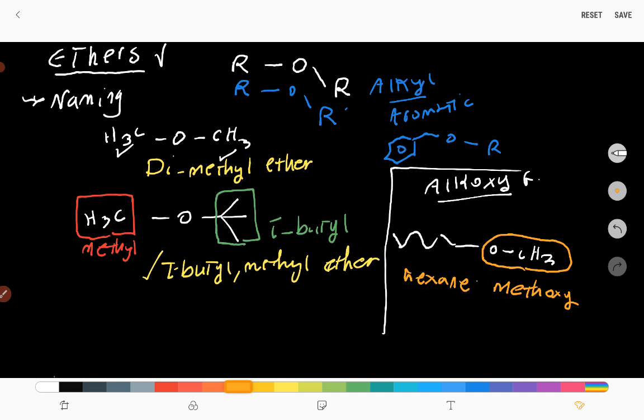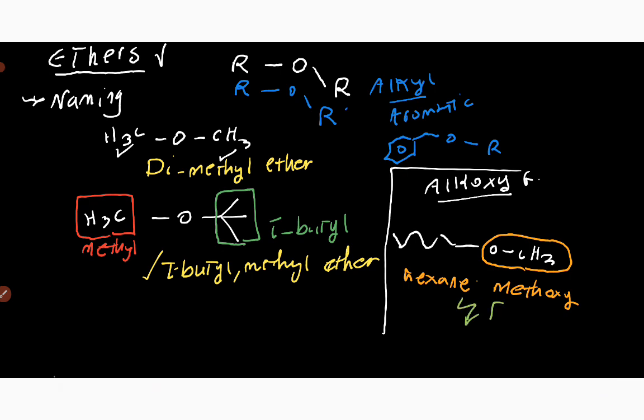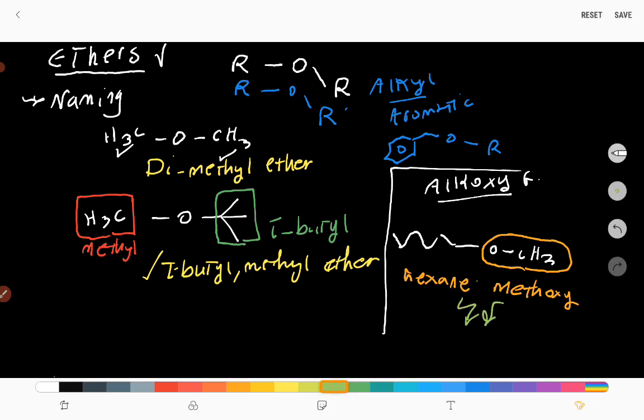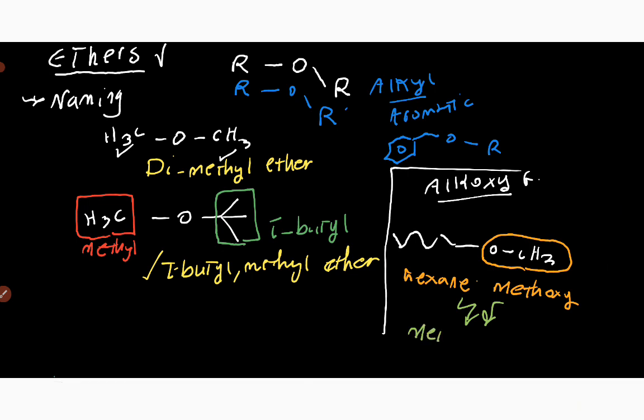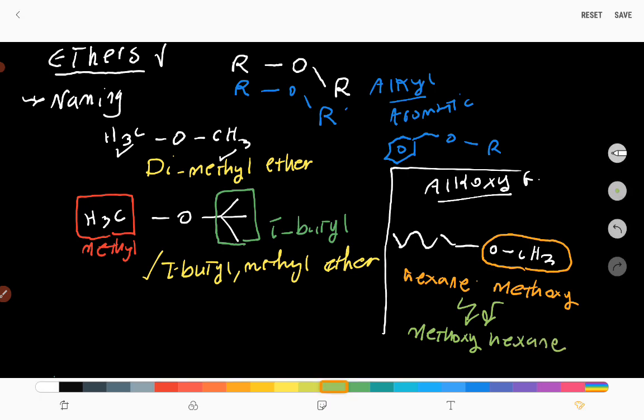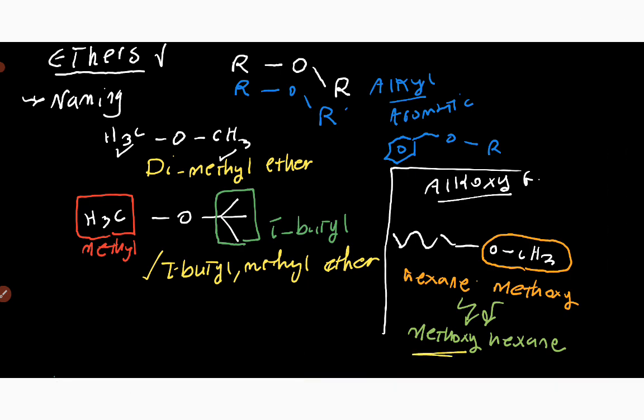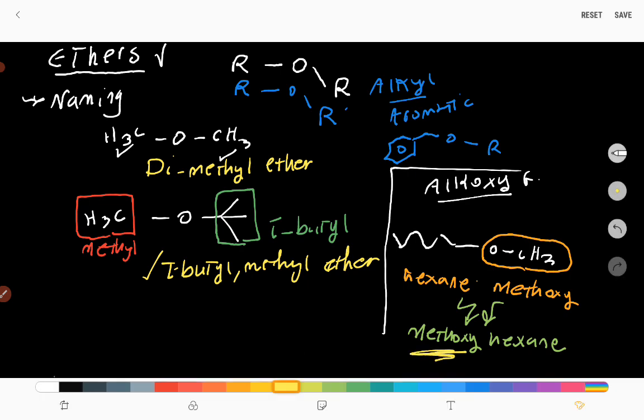So hexane methoxy, or if you want to correct this name, you say methoxyhexane. So you name the ether molecule as the alkoxy substitution, that is, the methoxy part.